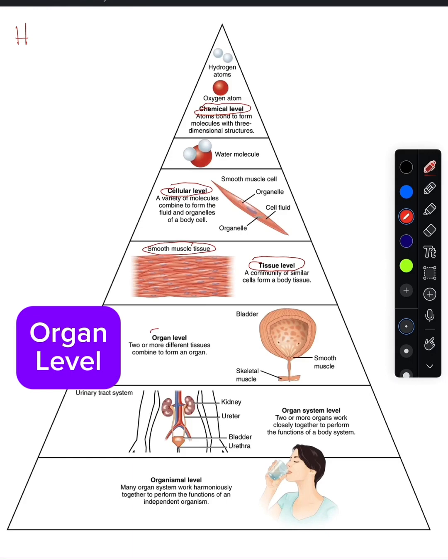So, for example, here you have the urinary bladder. The urinary bladder is composed of the smooth muscle that we saw in the previous level, but also epithelial tissue and connective tissue. So we have multiple types of tissues that form this structure, this organ that carries out a specific function.